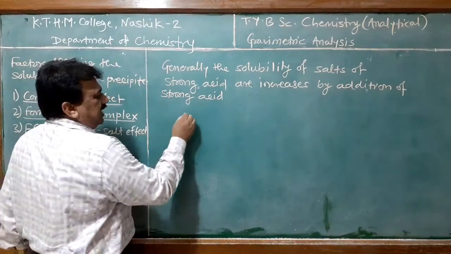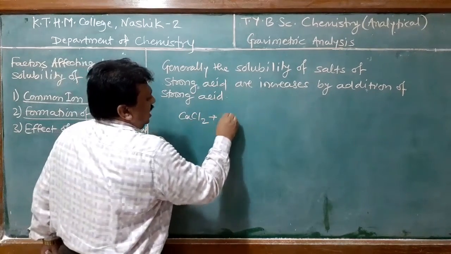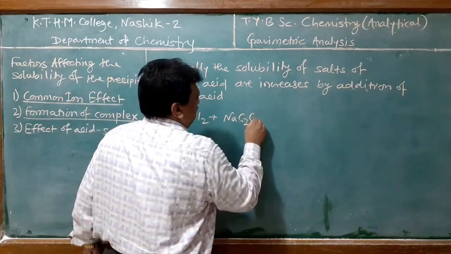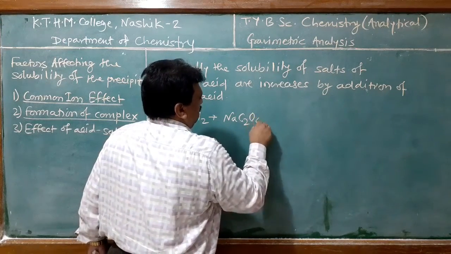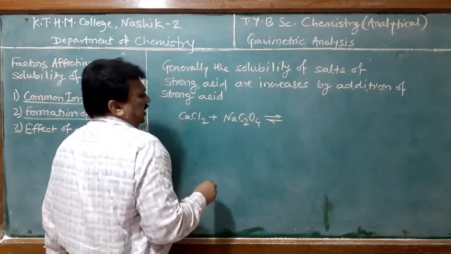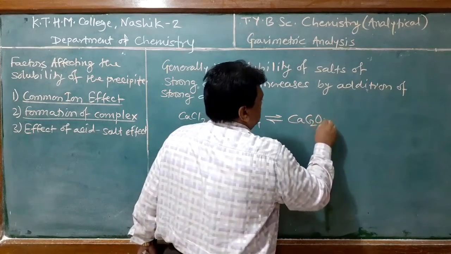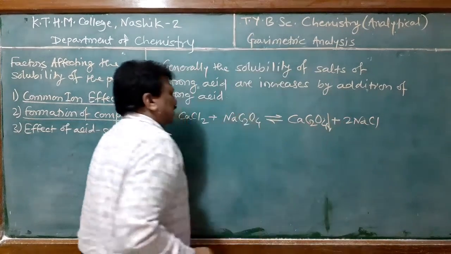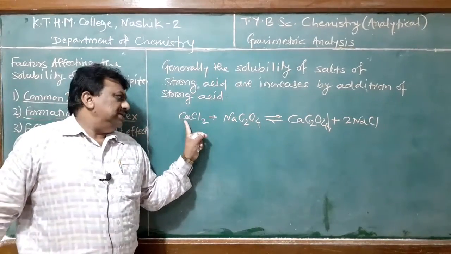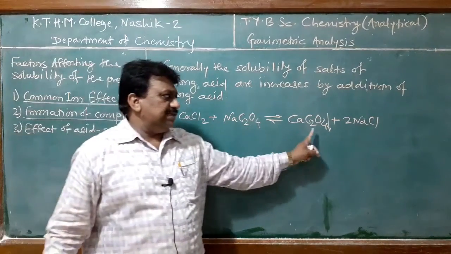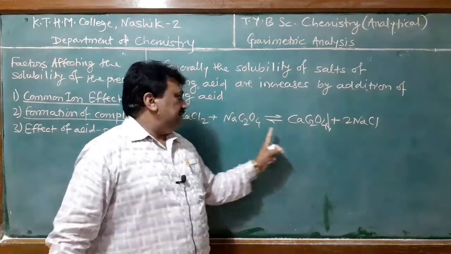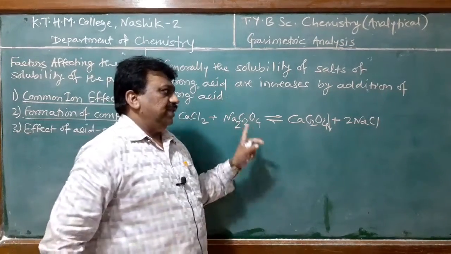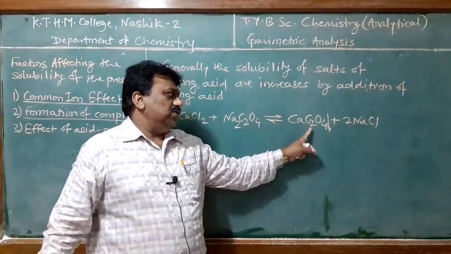For example, calcium chloride can be precipitated with sodium oxalate, Na2C2O4, which gives calcium oxalate CaC2O4 plus 2 NaCl. This is a precipitate. We have to quantitatively estimate calcium by forming the calcium oxalate precipitate, and in this case sodium oxalate is the reagent.